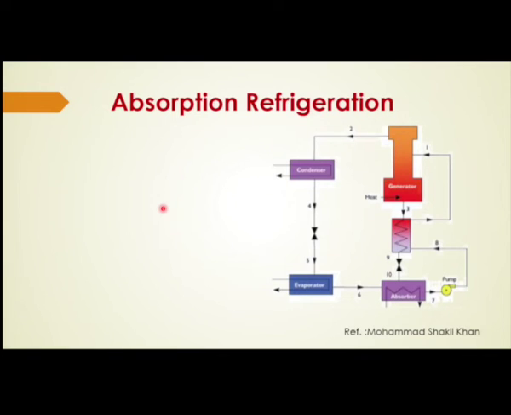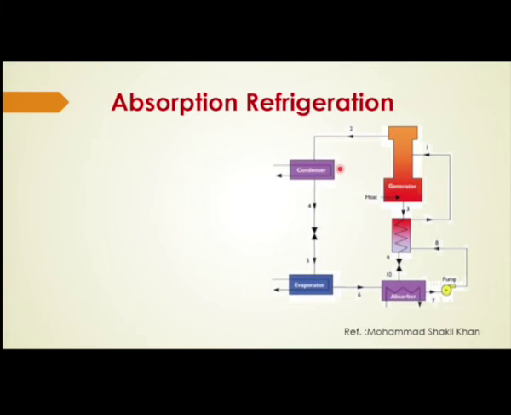This is the block diagram of the absorption refrigeration system. We will have one evaporator, absorber, heater, generator and condenser. We will get the cooling effect from the condenser, and the operation is represented in different states from 1 to 7.